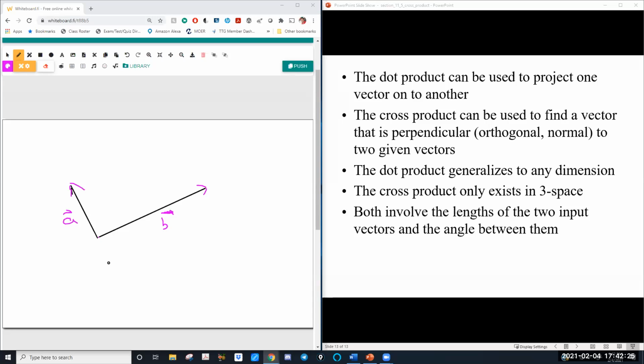No matter what, two vectors with three components always lie in a plane. But once you cross product them, we're guaranteed to get a third vector that is normal to them, which all of a sudden creates this third dimension.